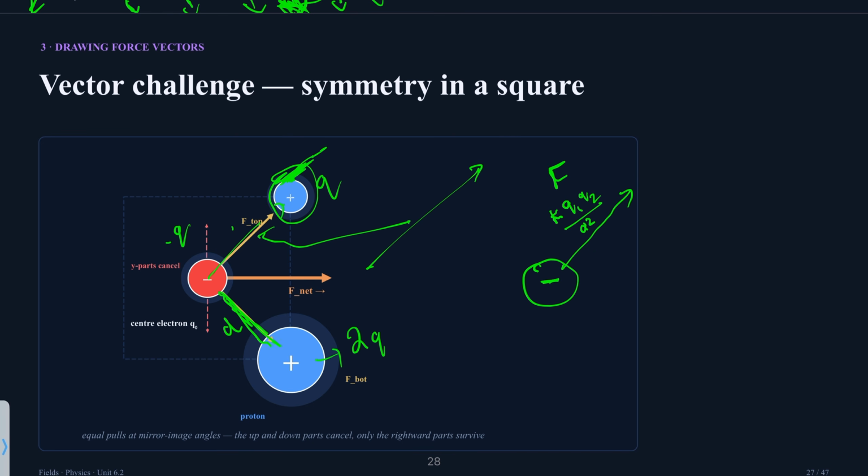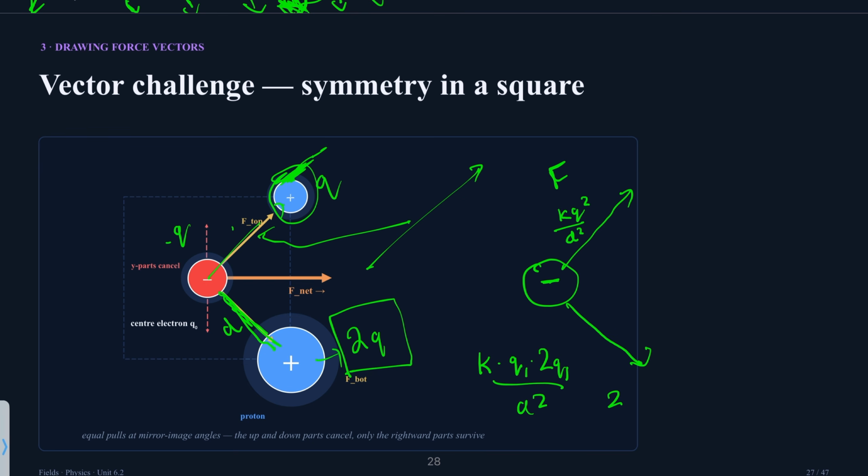Here, same thing happens, it's going to pull, but this is 2q, so this is 2kq1 q2. Since q1 and q2 are the same, I could just write kq squared over d squared for one, and here, k times q1 times 2q1 over d squared.